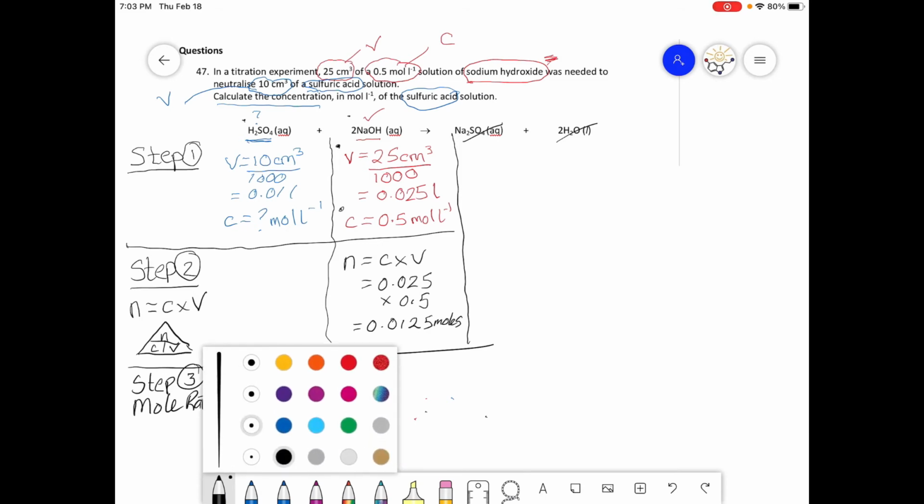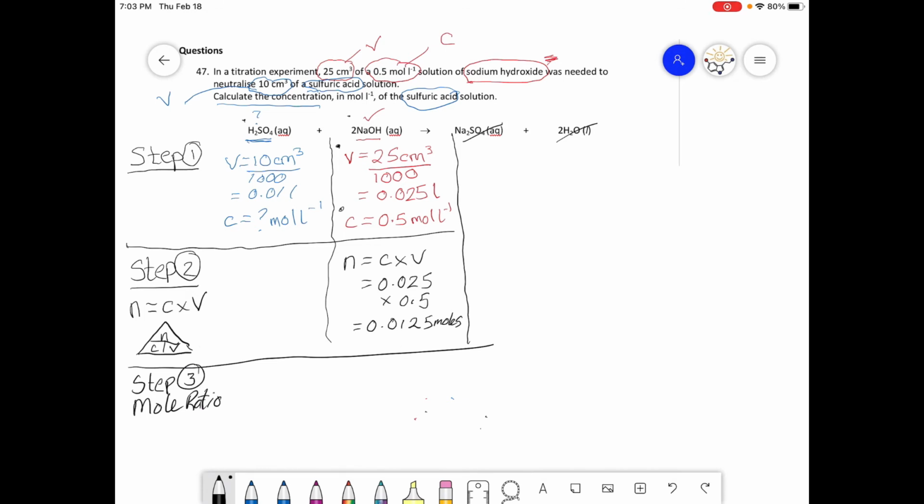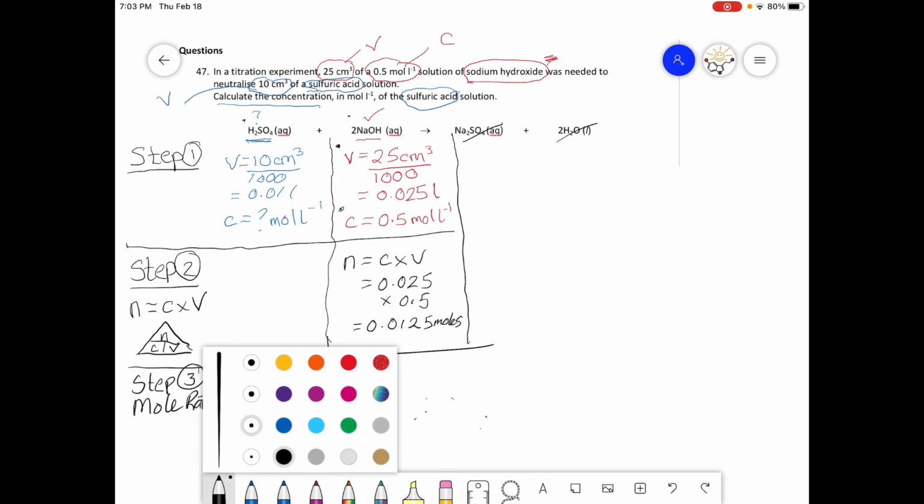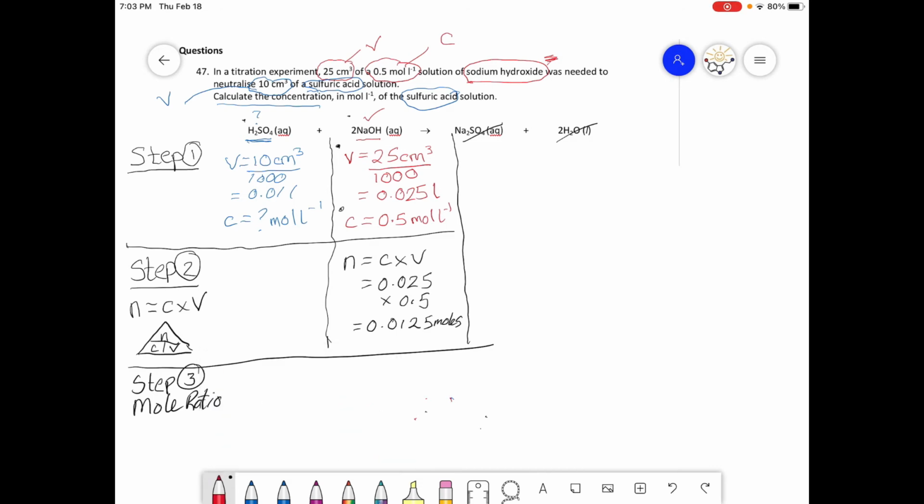Well, if we look at the balanced equation, sodium hydroxide has got the number 2 in front of it, and the acid has not got a number in front of it, and that means 1. So what that tells me is that if I have 2 moles of sodium hydroxide, it will react with 1 mole of sulfuric acid. That's what that means. It's a 2-to-1 mole ratio.